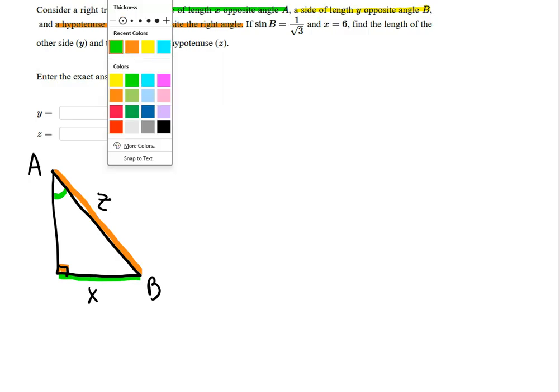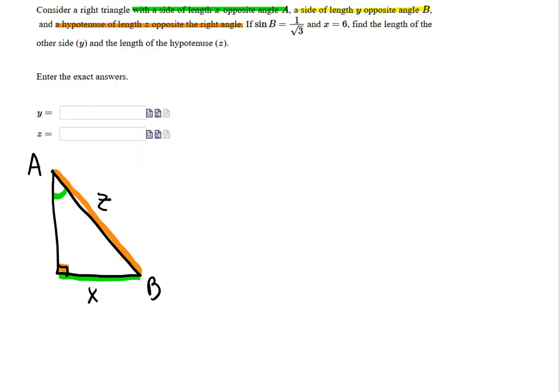And then B, which is this angle, the side opposite of that would be this one over here, and that one is labeled y.